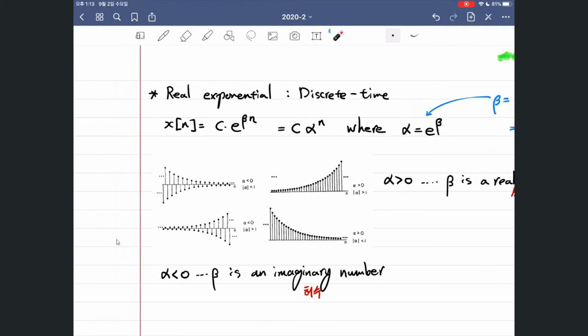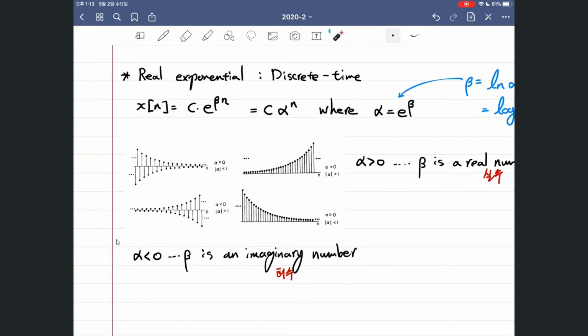So when alpha is smaller than 0, if this value is negative, then depending on the integer, the signs get reversed. If you have an even number as n, then you have the positive sign.